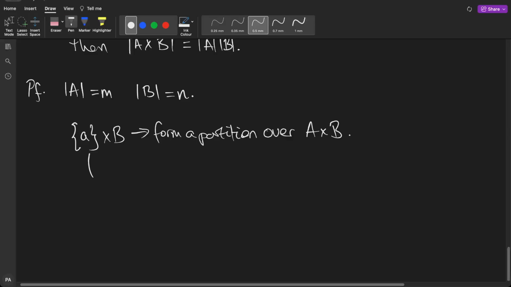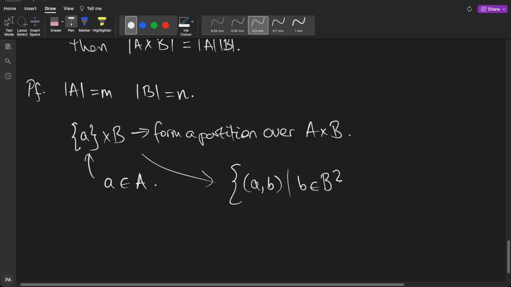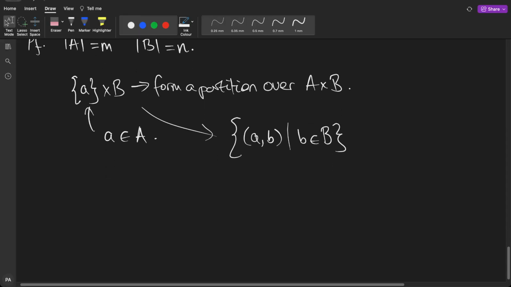Well, this a is an element of A. And so that keeps running through. So what this essentially is, this kind of set, is just the set of (a, b) such that b is in B. That's all that is.